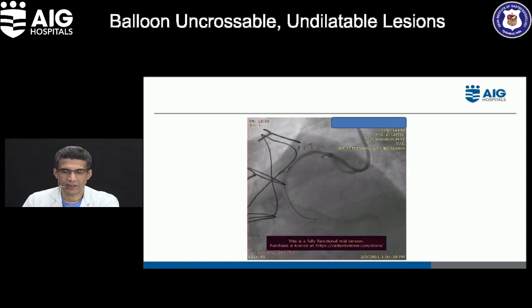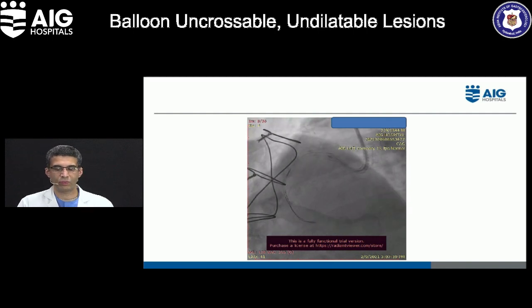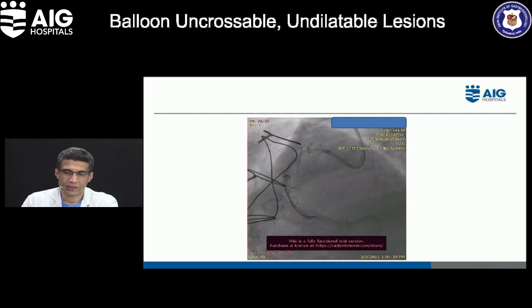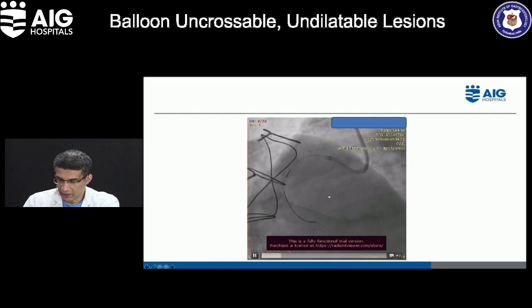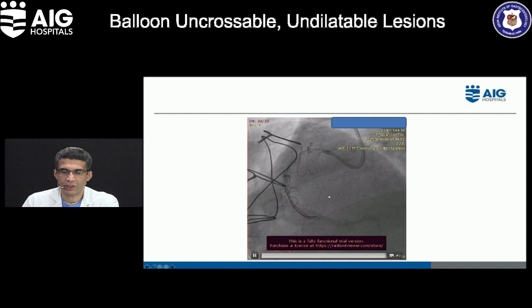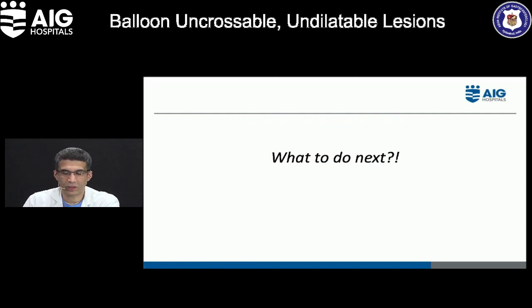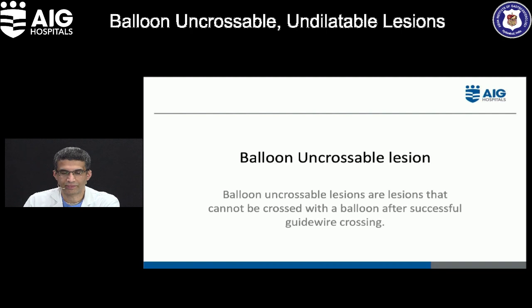But having crossed the wire and then trying to push the hardware, no balloon was crossing. In this video, I have put in to show you that even a microcatheter was not crossing that particular lesion. Naturally, this is the situation where we start thinking about what to do next and how to go about it.